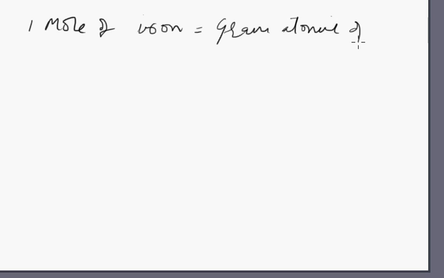What is given? 1 mole of iron is equal to gram atomic mass of iron, that is 56 grams.